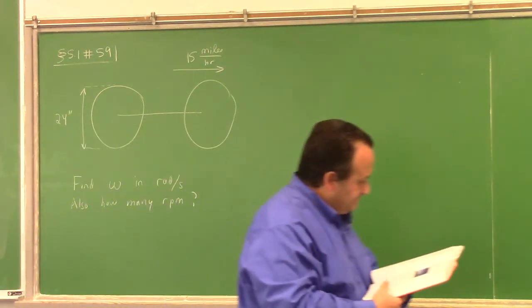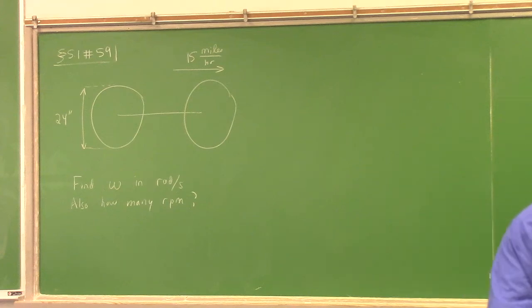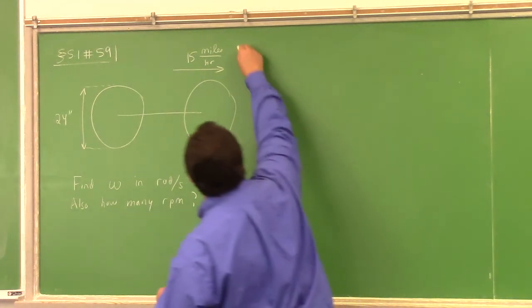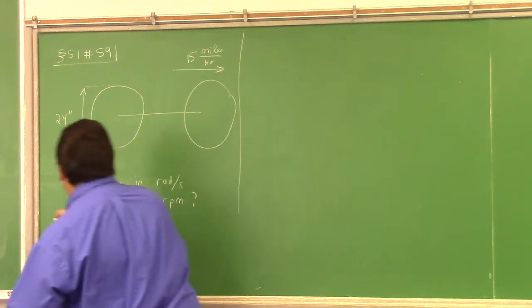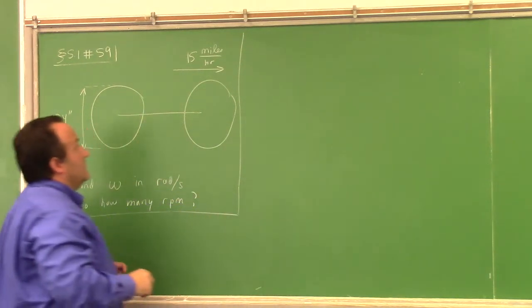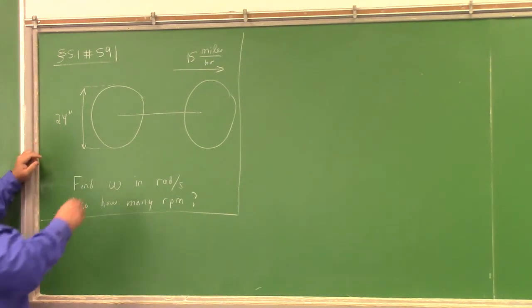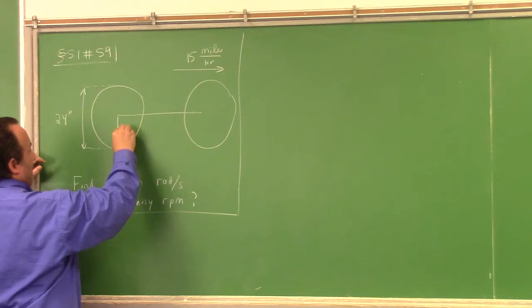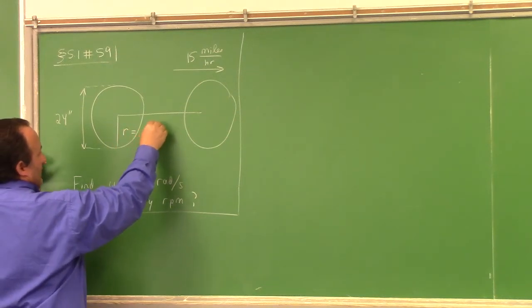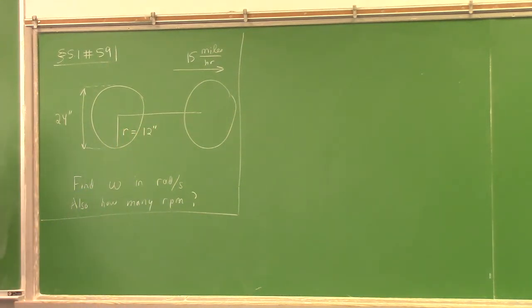Okay. Let's see here. So the key idea is the relation between, well, first of all, if the diameter is 24 inches, right, the radius is what? 12 inches, right? So that's one thing we know.